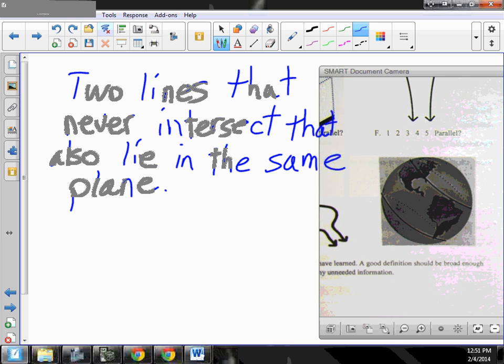Now that's not the only way to define it. You could say two lines in the same plane that have the same slope. You could say two lines that are equidistant. And when we say lines, we mean straight lines.